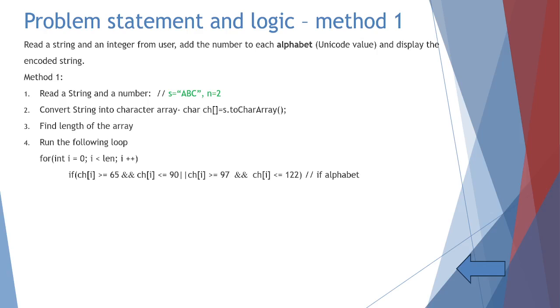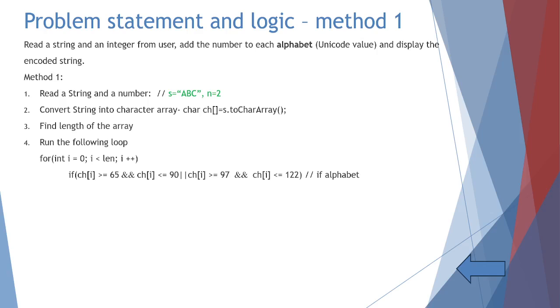If ch of I, that index we are talking about every time in the for loop, ch of I greater than equal to 65 and ch of I less than equal to 90, that means we are referring to the capital letters, or ch of I greater than equal to 97 and ch of I less than equal to 122, that means lowercase letters, that means alphabets.